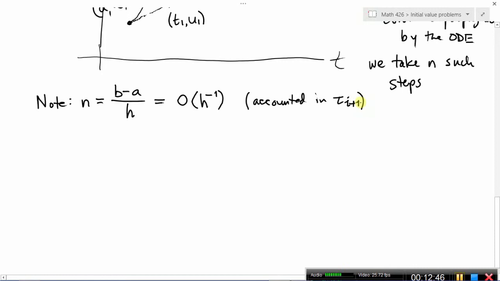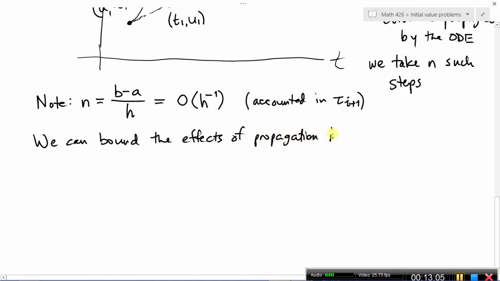But this flow is a more complicated thing. And it turns out that we can bound the effects of the propagation, at least for certain problems. And the theory is covered in the book.